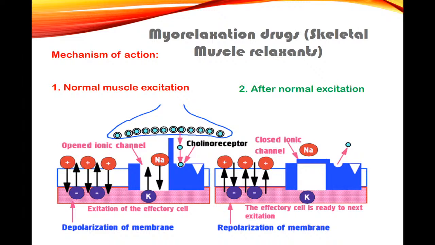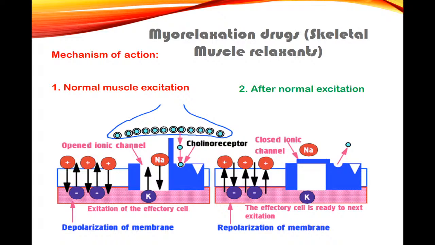If we have used non-depolarizing, antagonism is two-way or competitive. We can use specific antagonist, which is cholinesterase inhibitor. So our purpose is to increase concentration of acetylcholine. The more acetylcholine, the less binding of non-depolarizing to N cholinoceptor.